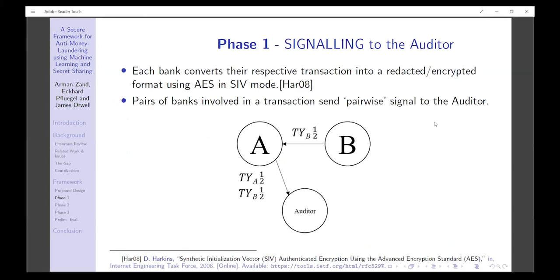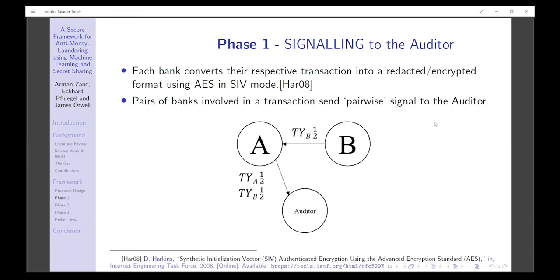There's CBC, CTR, and the older one, ECB. But in SIV, which stands for Synthetic Initialization Vector, you can reuse a nonce. A nonce, a number that you use once and throw away, is normally a security issue if you keep reusing it. But in this mode, you can reuse it.